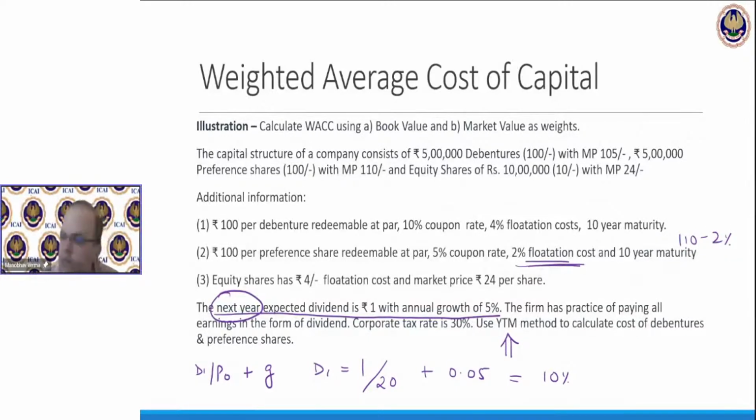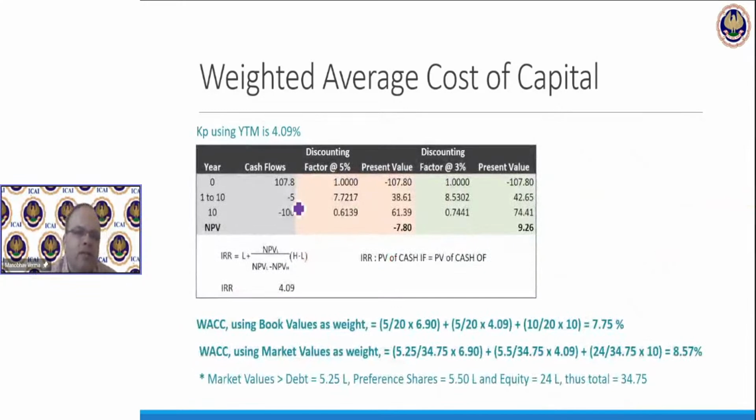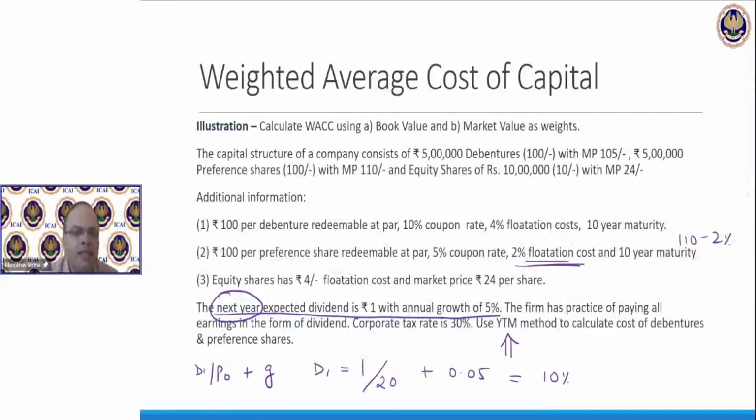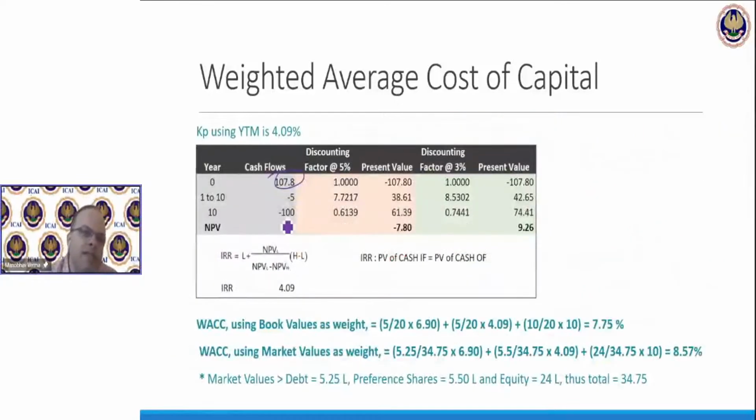This looks to be 107.8, and since it's a 5% coupon rate, there is a dividend of 5, and mind you, no tax benefit is there for preference dividend.